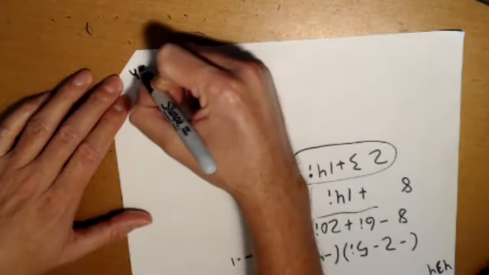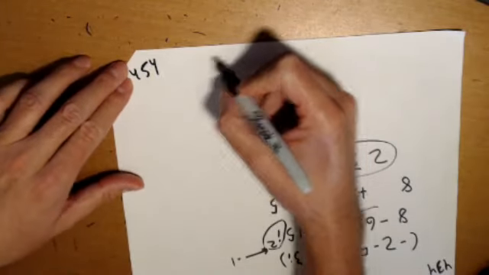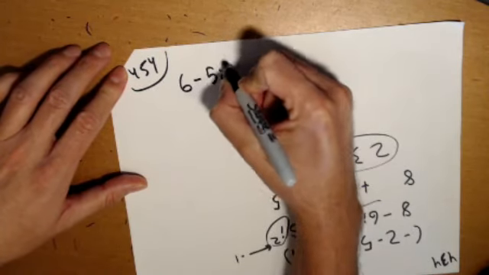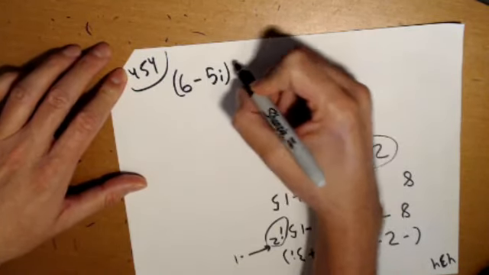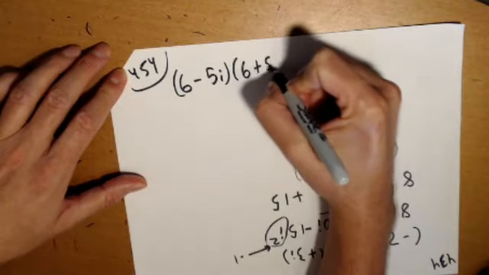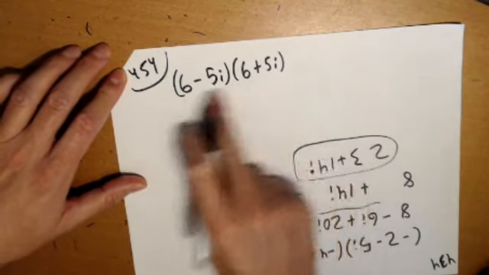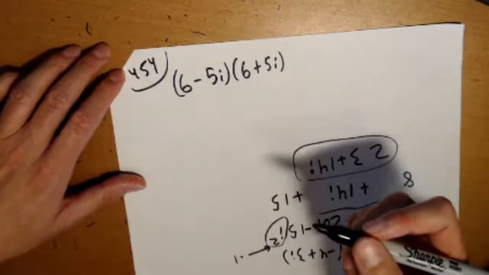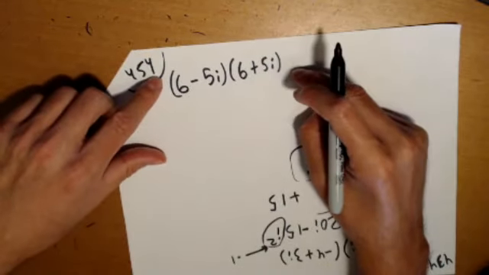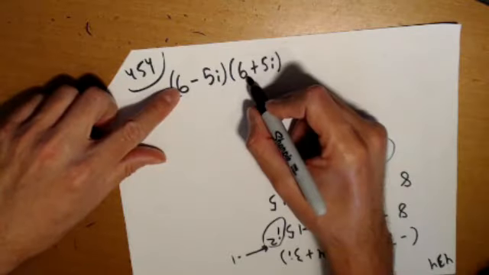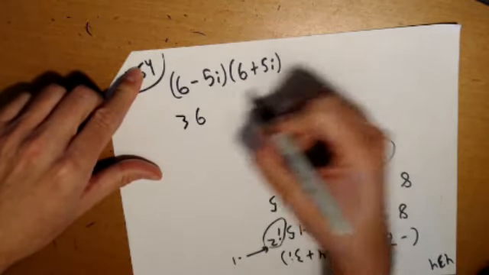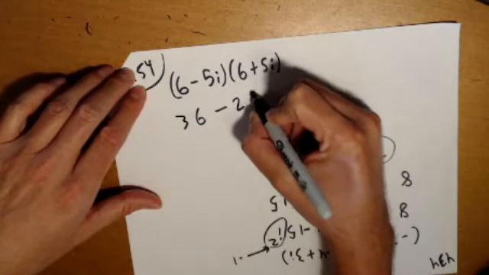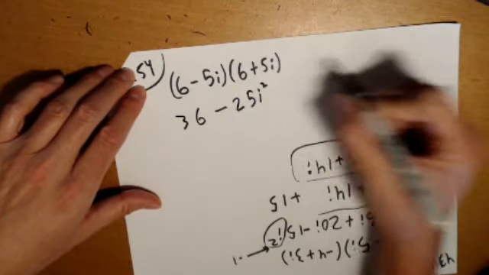454. Remember, multiplying conjugates is easy. 6 minus 5i times its conjugate, 6 plus 5i. So when you FOIL, because it's conjugates, outsides and insides cancel. So just believe that's going to happen. So 6 times 6 is 36, minus, and then 5i times 5i is 25i squared.